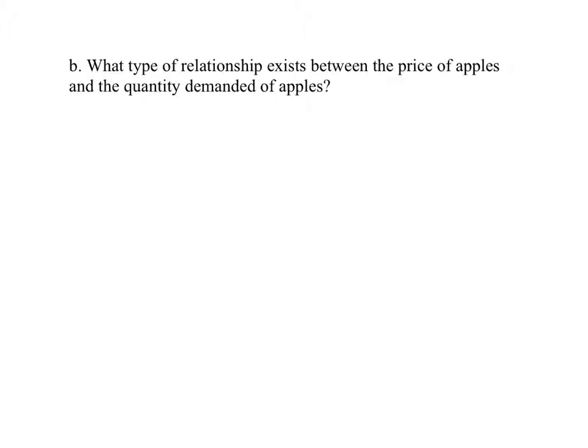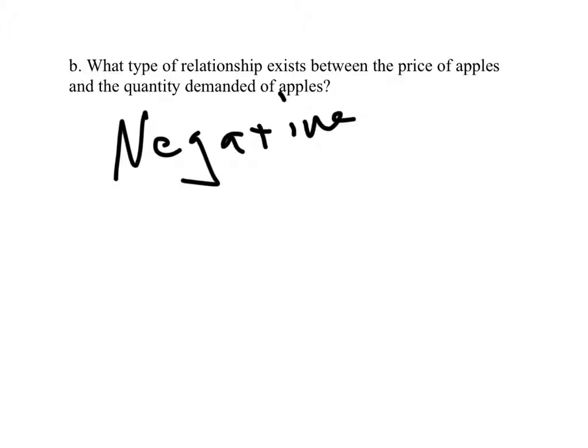Here we go. What type of relationship exists between the price of apples and the quantity demanded of apples? Remember what I was talking about on the video that hopefully you just watched. The relationship is either going to be negative or it's going to be positive.